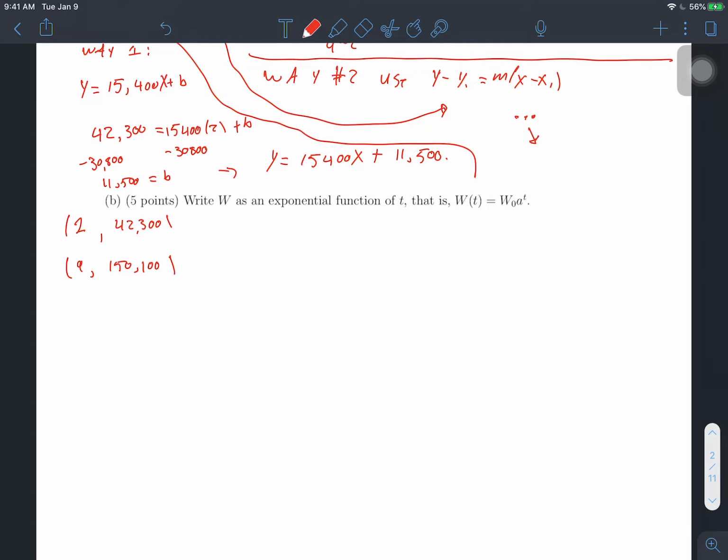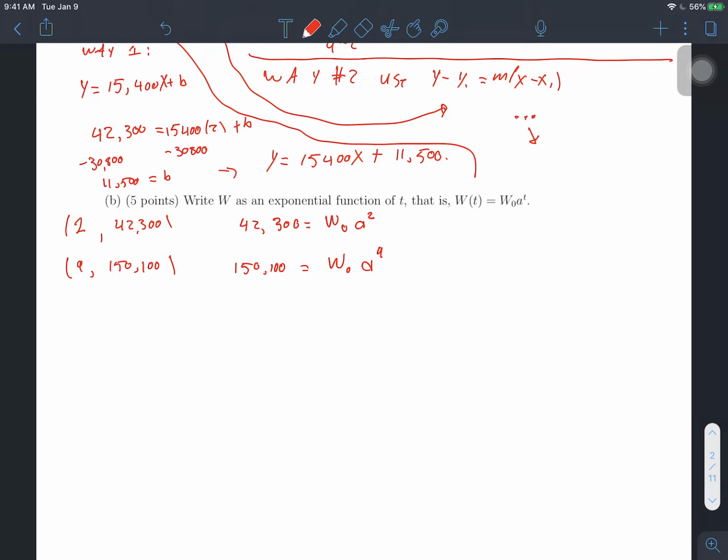This is telling us that 42,300 is equal to, when we plug in 2 for T, W naught a to the power 2. And we also know that 150,100 is equal to W naught times a to the power 9.